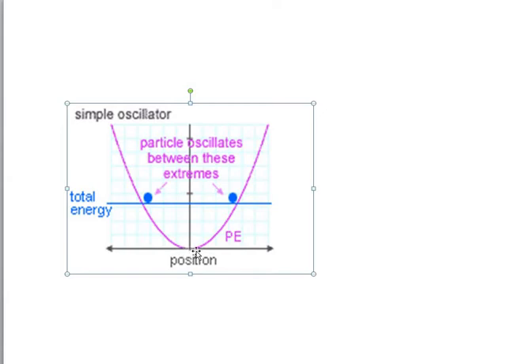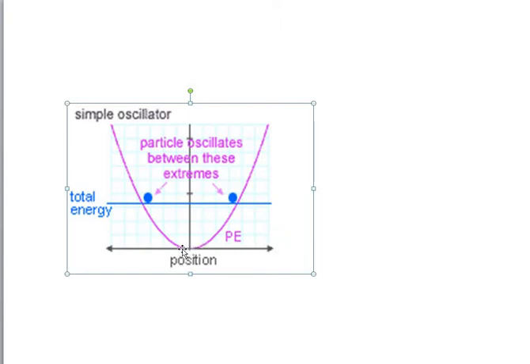When we give a force or displace the particle, it will move towards this point and then between the points P and Q. This is the minimum potential energy point, because in the y-axis we are plotting the potential energy and the x-axis is the position.